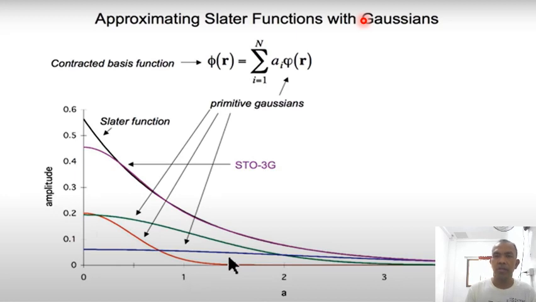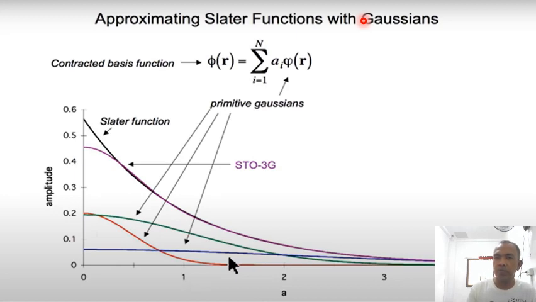We start to get very good agreement as we go further, combining so-called primitive Gaussians. We are optimizing the values of A that multiply the individual primitives in order to construct a so-called contracted basis function. It's a single basis function, but it is contracted from the sum of primitive Gaussians.